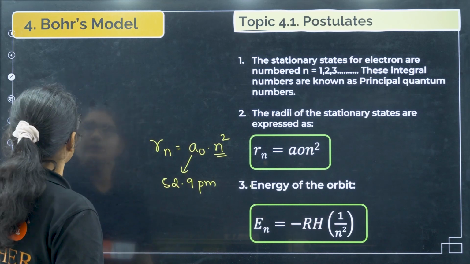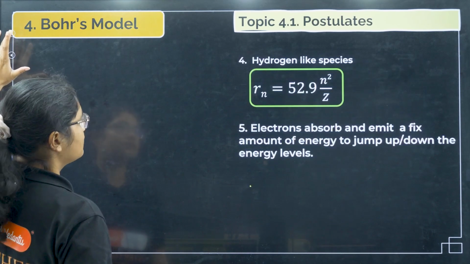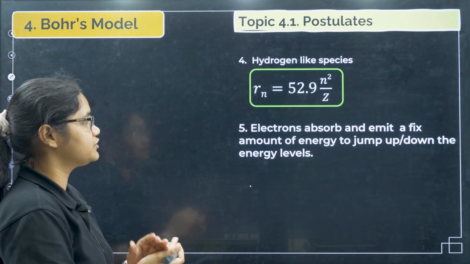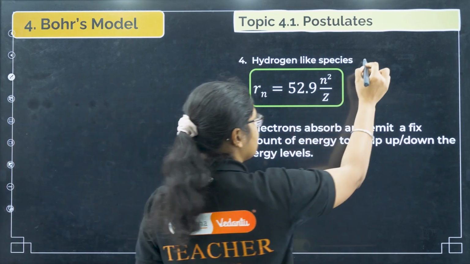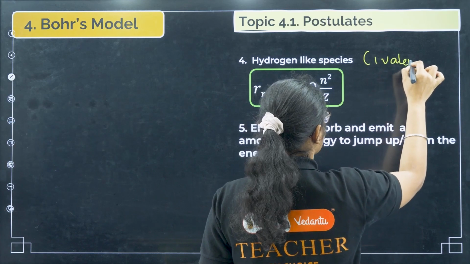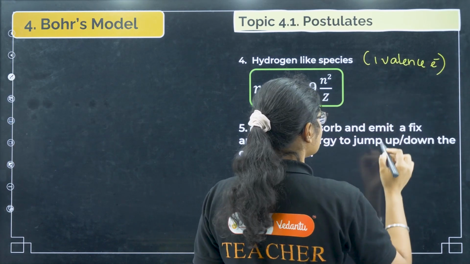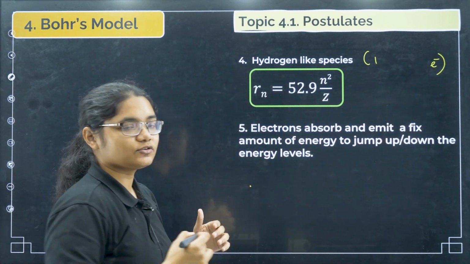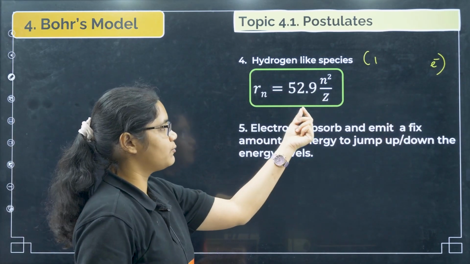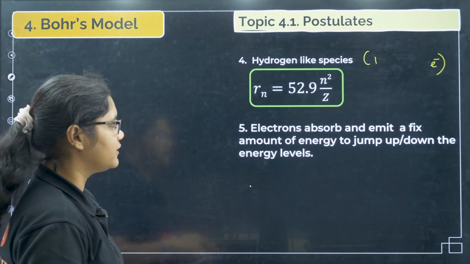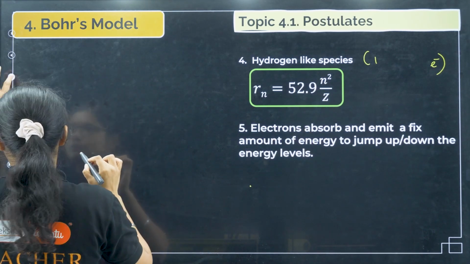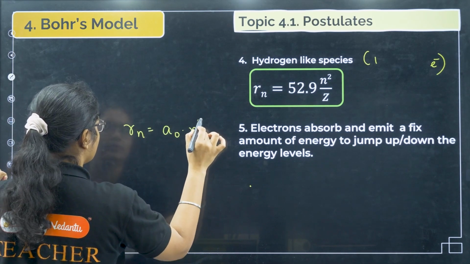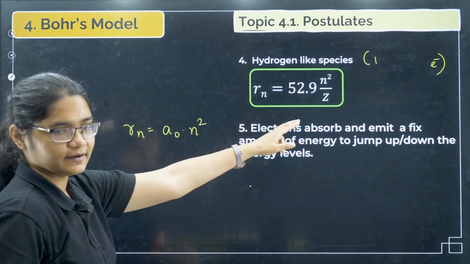Then for any other species that looks like hydrogen, meaning they have only one electron in the system, we can also calculate the radius, which will be equal to 52.9 n square by Z. The formula we just wrote was Rn equal to a naught into n square; you just have to divide by Z, the atomic number.